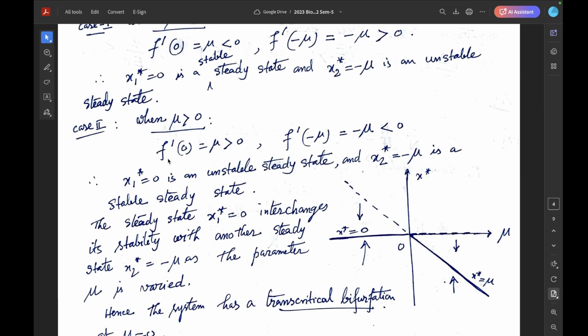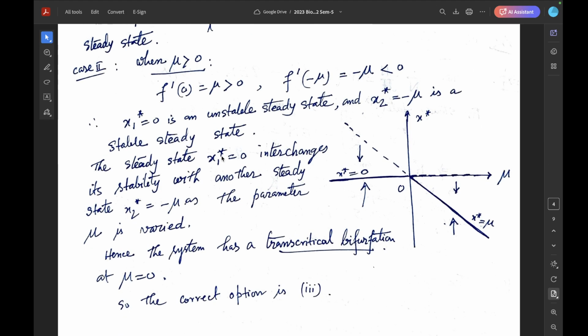When mu is greater than 0, f dash 0 equals mu is greater than 0 and f dash at minus mu equals minus mu is less than 0. Therefore x1 star is unstable and x2 star equals minus mu is stable. The steady state x1 star interchanges its stability with x2 star equals minus mu as the parameter mu is varied.